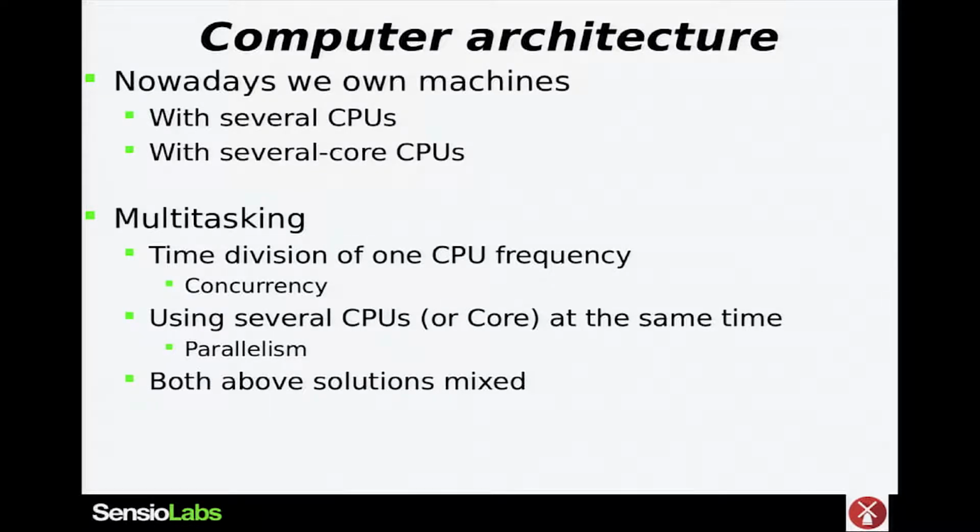If you want to effectively do several jobs at exactly the same time, you have to use parallelism, which is using several CPUs on the same machine and treating several tasks at the same time. Or usually today we mix both solutions.